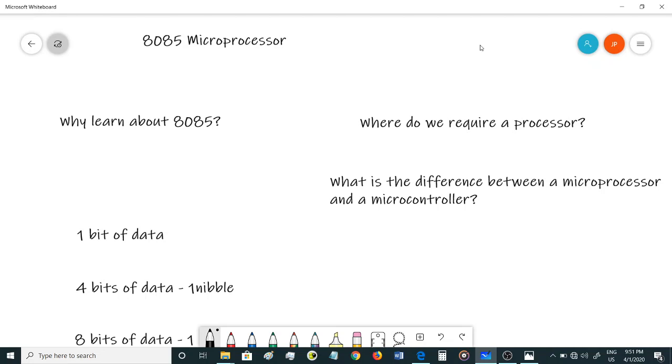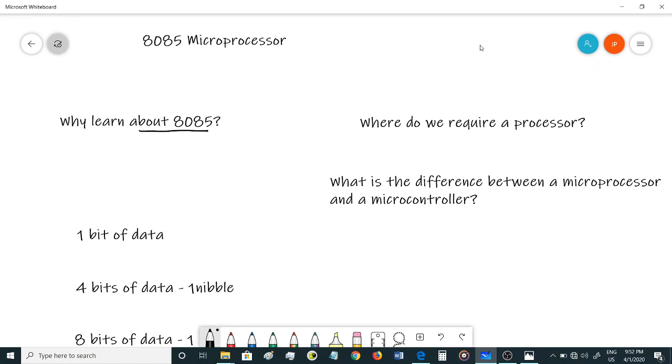Each and every one contains a processor, and therefore it is good if you know how they work, in what ways data is transferred, and how these processors function. We'll be learning about the 8085 in detail throughout this course.